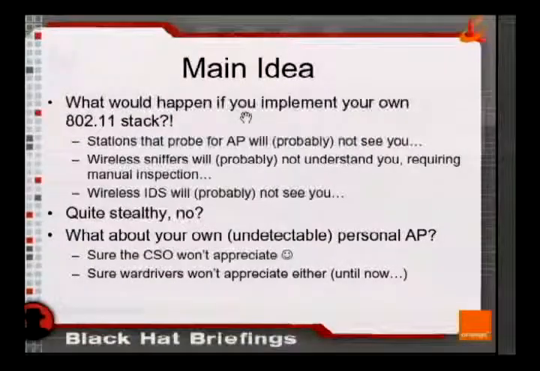The main idea is what would happen if we implement our own 802.11 stack, or do some very simple modification both on the access point and on the client. It could be quite fun because depending on the modification you are doing, you will still keep the good properties of the 802.11, meaning high performance and all these kinds of things. But if you do some specific tweaks, we will be able to be really stealth. So this could be very funny.